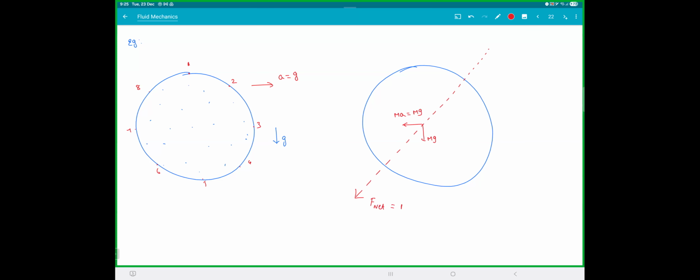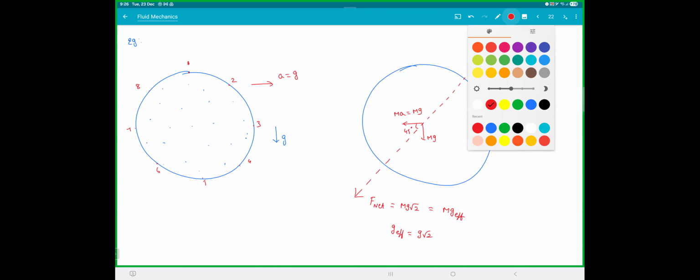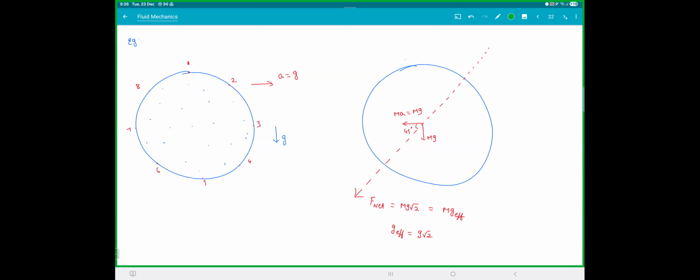How much is that? m into g root 2. So this will be m into g effective. So this whole system will think that gravity became g root 2 and it is acting at an angle of 45 degrees. You're clear? So any person standing here is going to stand like this in this shell. This is how the world will look. Now, if you look at the points, what are horizontals now?